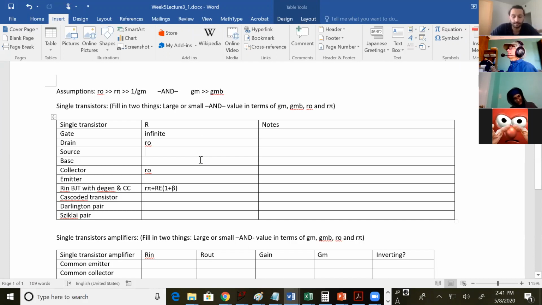Okay, this one's a little bit challenging. What if I give you like 1 minute here to try to work out the perceived resistance at the source? And again, remember, if you're interested in the resistance at the source, you put DC voltages on the other two terminals, and then you just go through small signal analysis like you've done before.